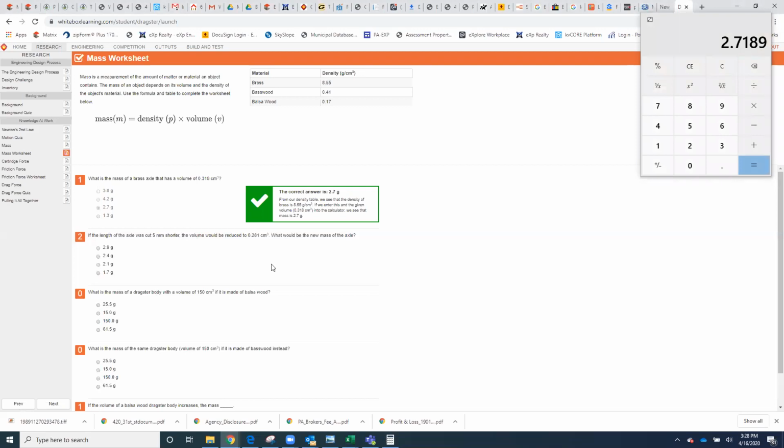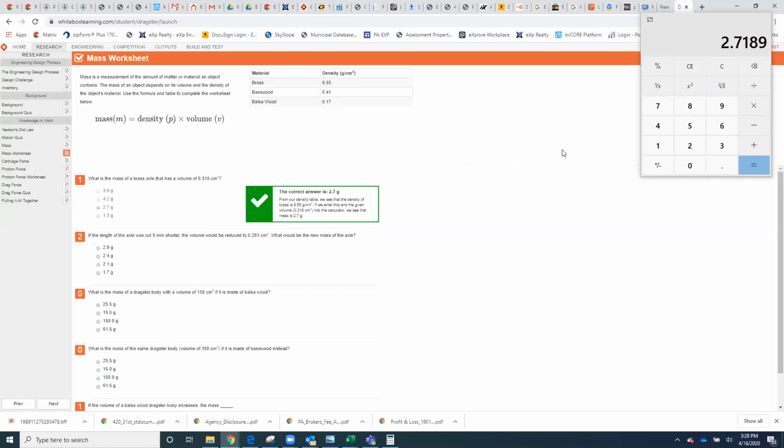Correct answer. Question number 2, if the length of the axle was cut 5 millimeters shorter, in other words, we're decreasing the size of that axle, in theory, the mass should go down. What would the new mass of the axle be? We're going to do the same thing here, except we've now reduced the volume. Now, does the density stay the same? As long as it's made out of the same material, that is the case.